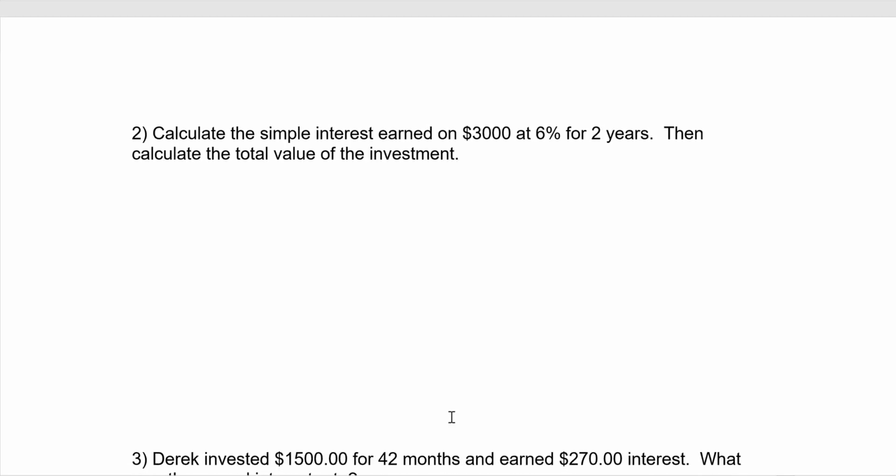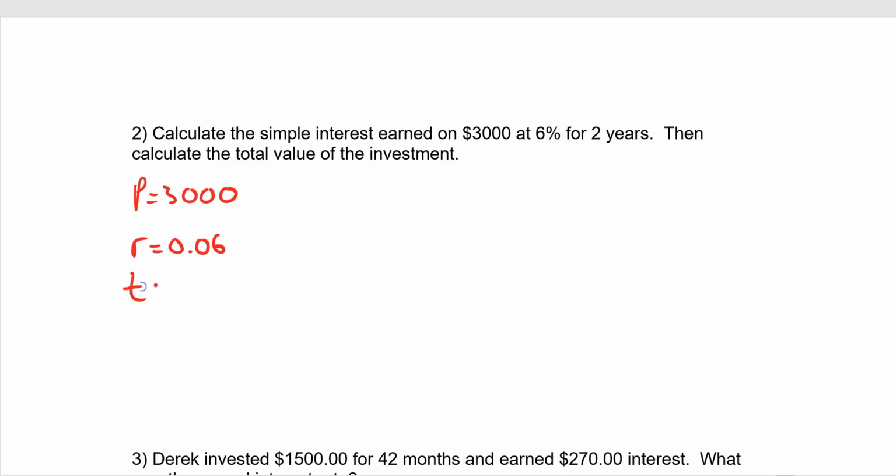So for this example here, we want to calculate the simple interest earned on $3,000 at 6% for 2 years. Then calculate the total value of the investment. So $3,000, this is going to represent our principal amount, the amount that we're starting with. Now R is the interest rate. Now it's 6%, but we write it as a decimal, 0.06.